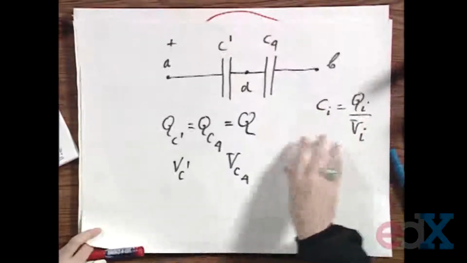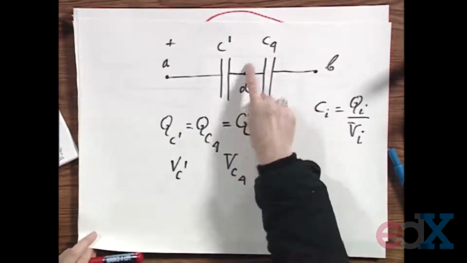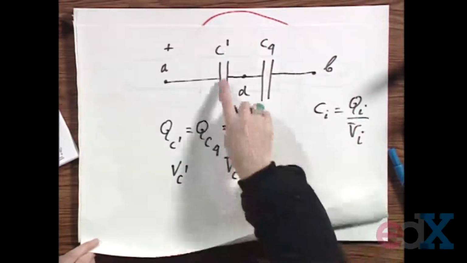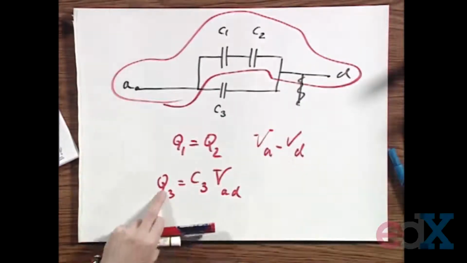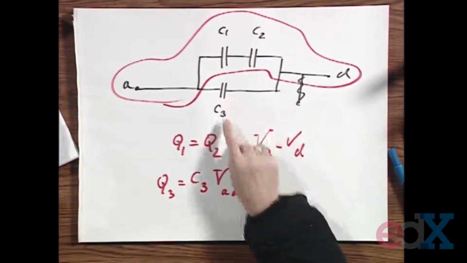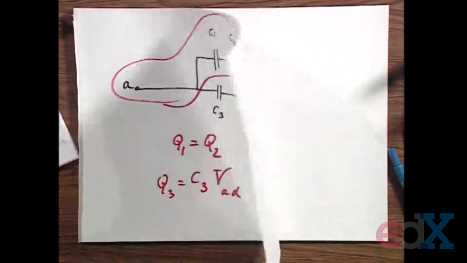I want to remind you that the potential difference between A and D is nothing but the potential difference over that C prime. So you know VA minus VD. And so you can calculate now charge here, charge there, and you can calculate charge there. And I will leave you with that. I don't think there's too much more to this problem. Rather straightforward, but they can be a little nasty.